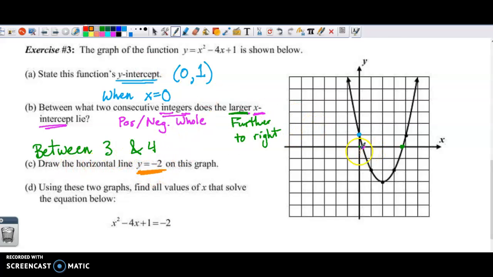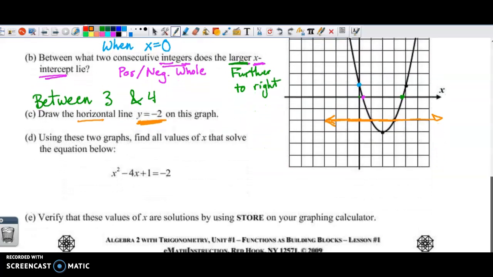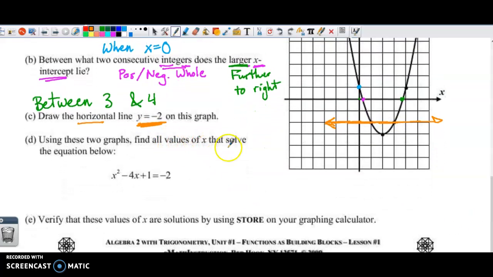This time they ask you for a horizontal line at y equals -2. So that's right here. And I'm assuming you know horizontal lines are y equals, vertical lines are x equals. So with these 2 points, we can actually find the values of x that solve that equation, because we're replacing the y in that original problem with -2.